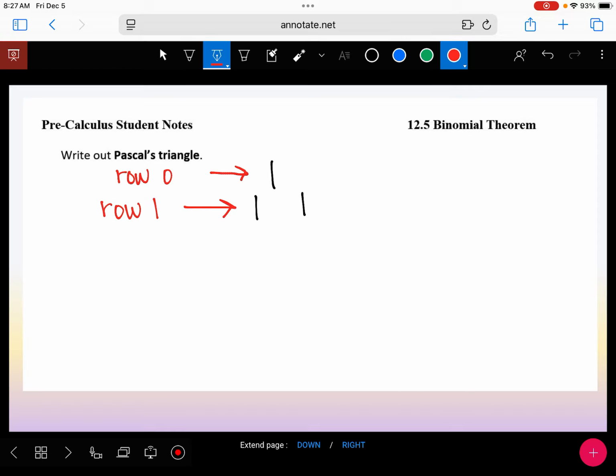So let's work on row 2. Row 2, I'm going to start with a 1 and end with a 1. The middle number is what I get when I add these together. So what do you get when you add those two numbers together? 2. So row 2 is 1, 2, 1.